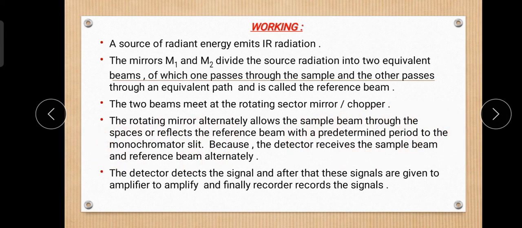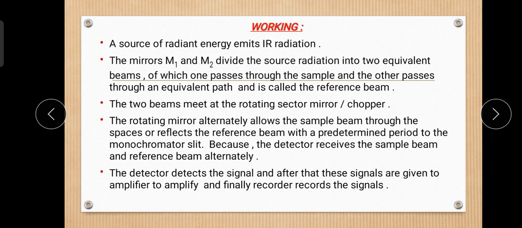The rotating mirror does not allow both simultaneously but alternatively, so at a time one beam is allowed, and this is according to the predetermined period of the monochromator slit, because the detector detects the sample beam and reference beam alternately.